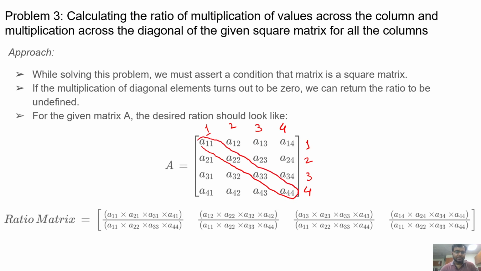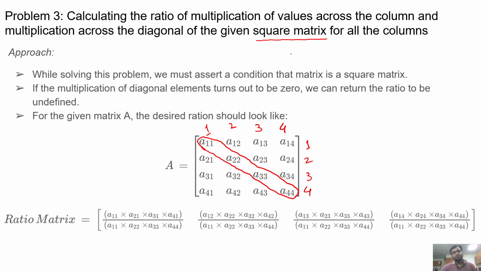So the diagonal basically separates the upper triangular part and lower triangular part of the matrix in a symmetrical number of elements, because this is a square matrix. And this is an essential condition that we have already specified: the matrix should be a square matrix.